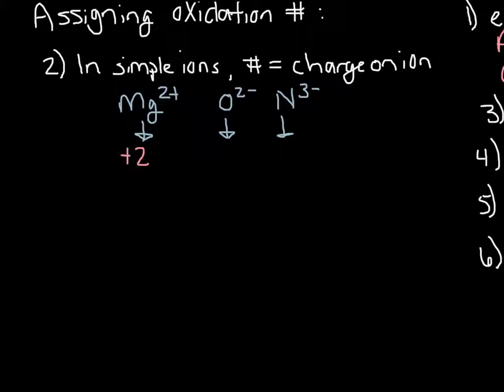Oxygen with a 2- charge, its oxidation number is -2. And nitrogen with a 3- charge gives us a -3. So you can go through and track ions and their oxidation number. Now that's not necessarily true when it's in a compound. This is just for simple ions.